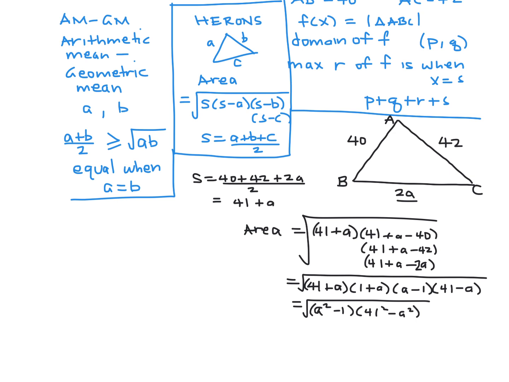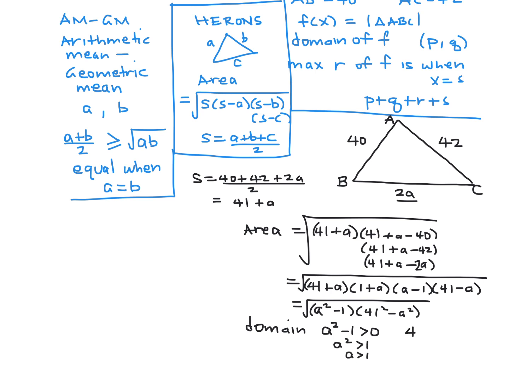Okay, now we can concentrate on the domain at this point. So the domain is basically, what can this be? Since everything's under the square root sign, those have to be positive, because you can't take the square root of a negative number, right? So that means that A squared minus 1 has to be greater than 0, therefore A squared is greater than 1, and therefore A is greater than 1.